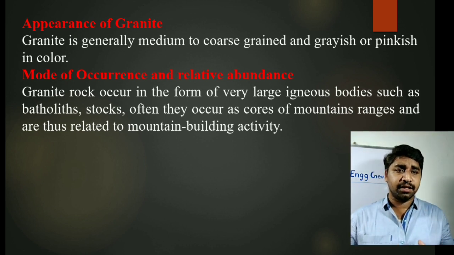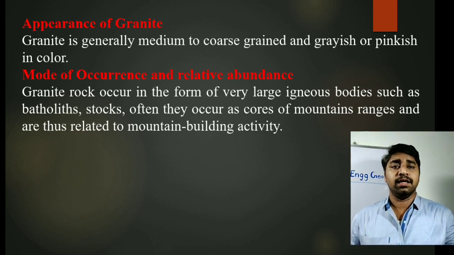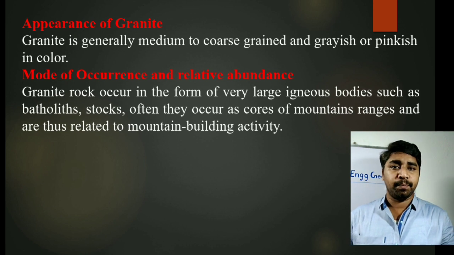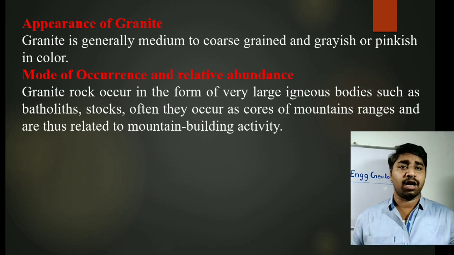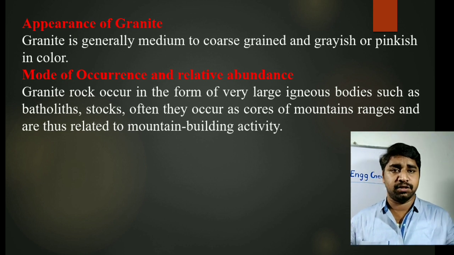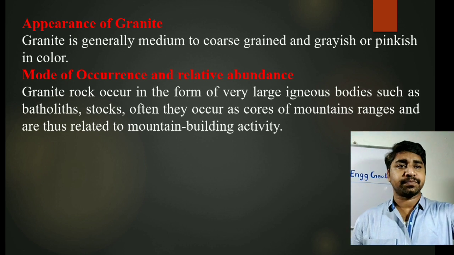Why? Because these are the cores of the volcanic rocks. So that is why they play a major role in mountain building activity. So this is the occurrence and abundance of granite especially.